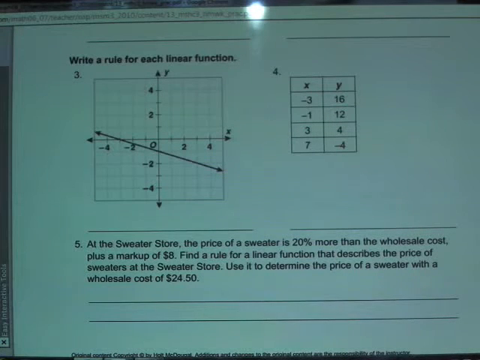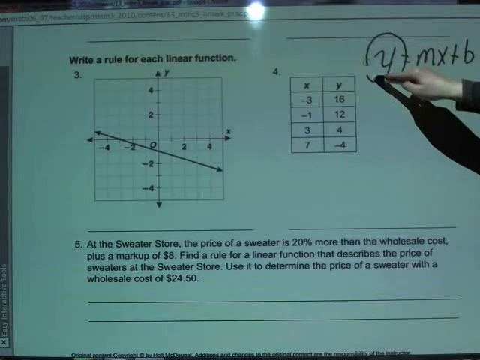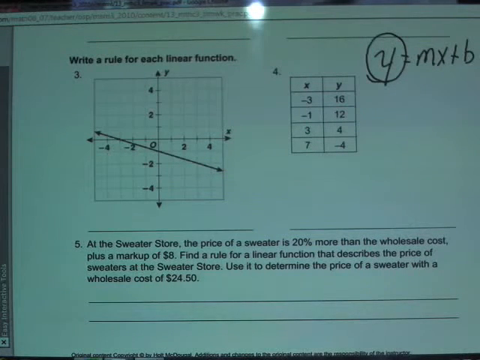So we're going to keep on with the slope-intercept form that you saw over and over today. Remember, slope-intercept form is y equals mx plus b. The only thing that's going to change is that I can't use y, because this is a function that revolves around the variable x.